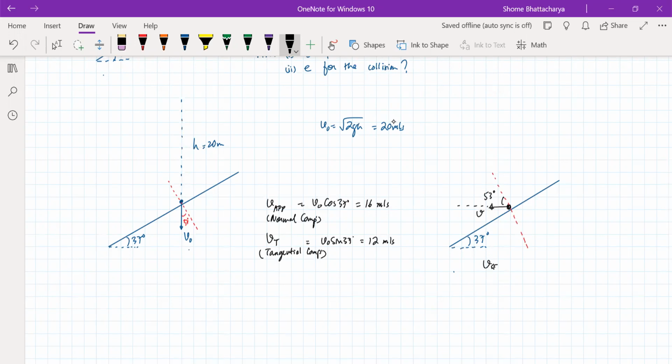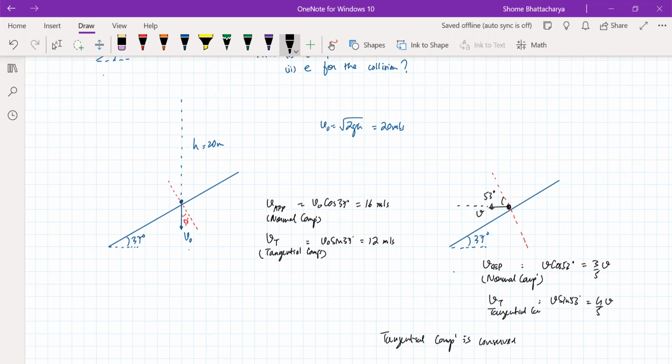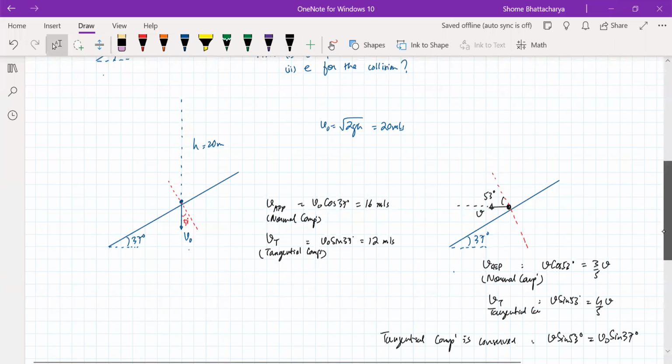So this has a separation velocity which is V cos 53 degrees, and it has a tangential component V sin 53. Now tangential component is conserved. So that is going to give us that V sin 53 degrees is V0 sin 37. So that is what is giving us our first relation, the value of V.